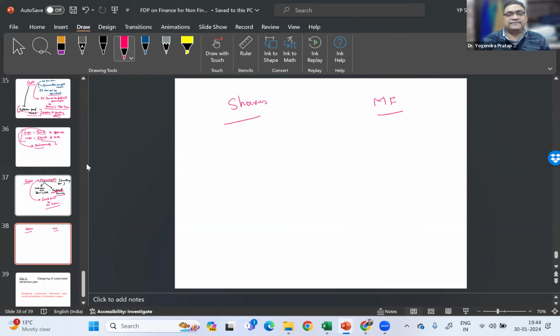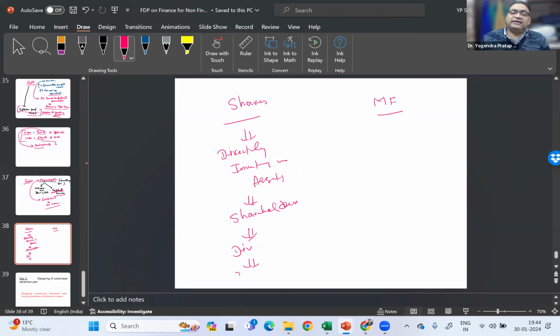Investing in shares means what? You are investing directly in assets, because you become the shareholder, and you are entitled to dividend during the holding.